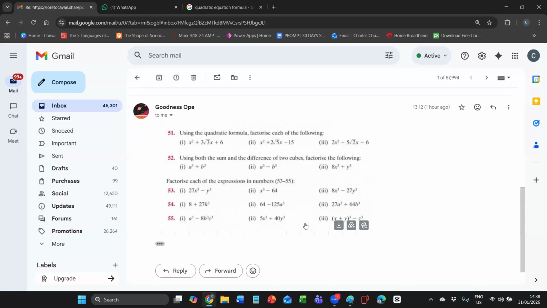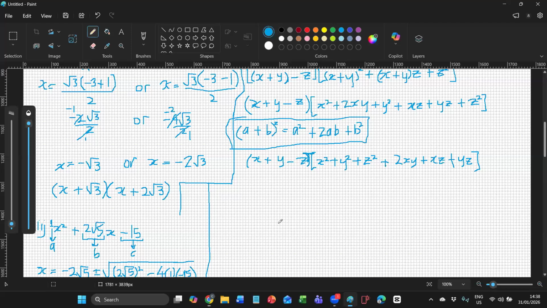Let me just see. I know if this one is straightforward for you, I'm guessing that this other one that I'm going to write now, you should know it too. You know difference of two squares, right? Yes, the one that looks like this.